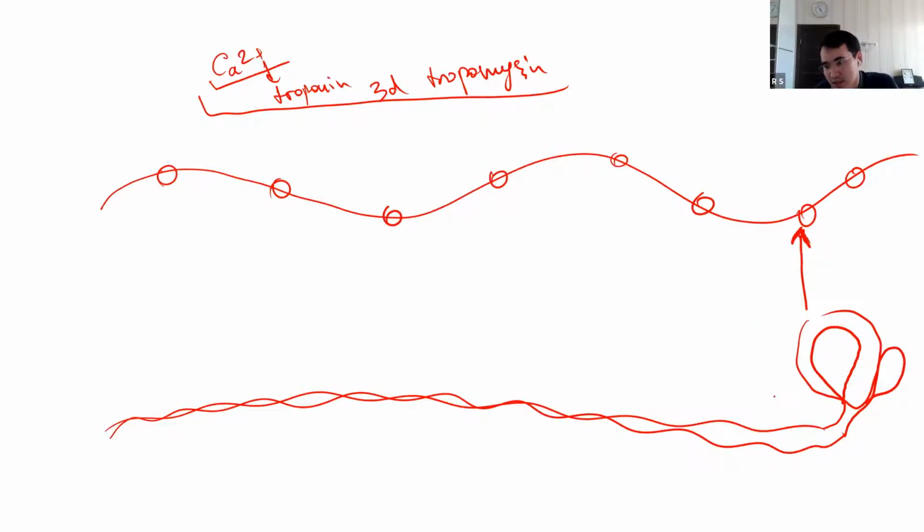So again, ATP comes to myosin. So this is actin. So again, this ATP comes to this head. It hydrolyzes to ADP, so it's adenosine diphosphate plus one phosphate, and each of them kind of stay here.